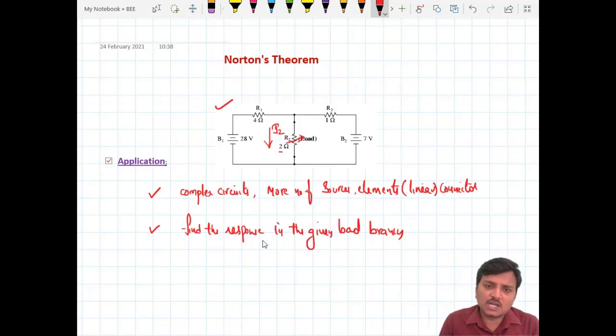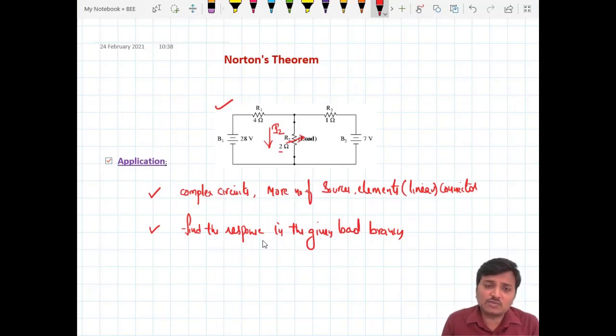For mesh analysis, nodal analysis, KVL, KCL, superposition theorem, all the other methods also give the solution, but if the load resistance value changes, the procedure has to start again from zero. In Thevenin's and Norton's it is not like that. In the last step, if you change the R2 value, you automatically get the solution.